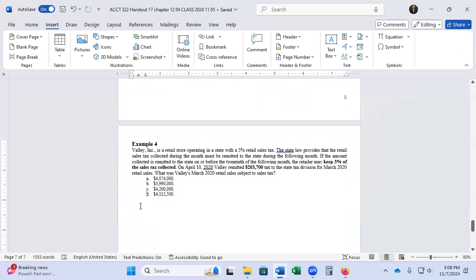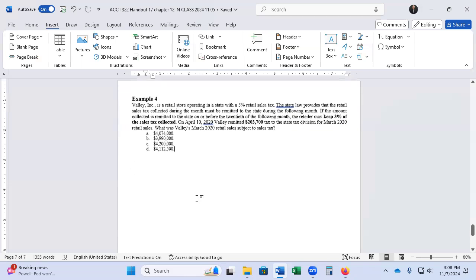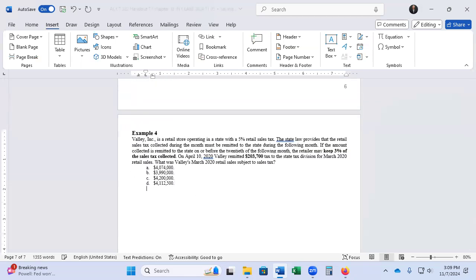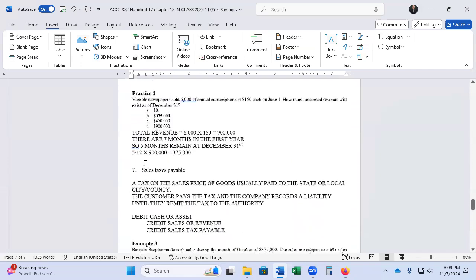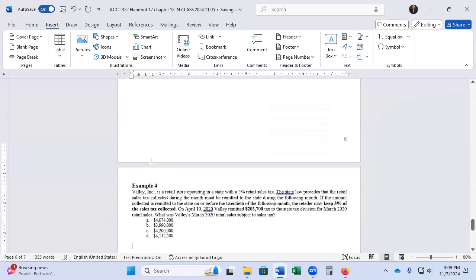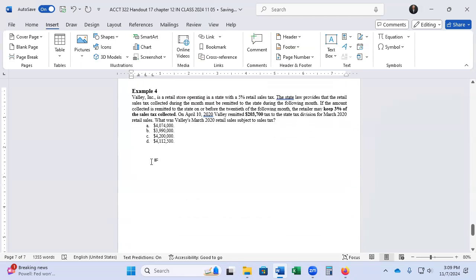Okay, let's take a look at example 4. Valley Inc. is a retail store operating in a state with a 5% retail sales tax. The state law provides that retail sales tax collected during the month must be remitted to the state during the following month. If the amount collected is remitted on or before the 20th of the following month, the retailer may keep 3% of the sales tax collected.